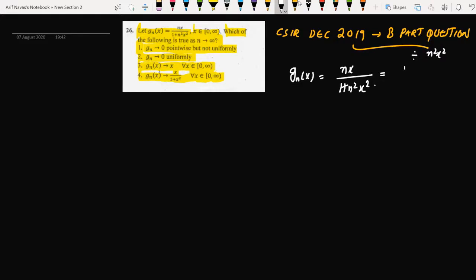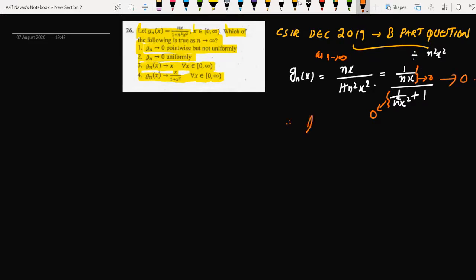We will get 1 by nx divided by 1 by n squared x squared plus 1. As n tends to infinity, this quantity goes to 0, this quantity goes to 0, and this is 1. So this goes to 0.